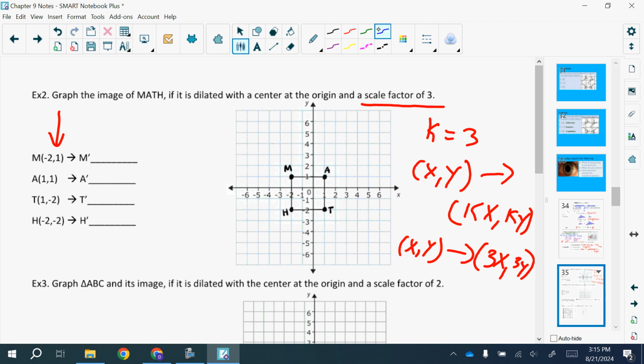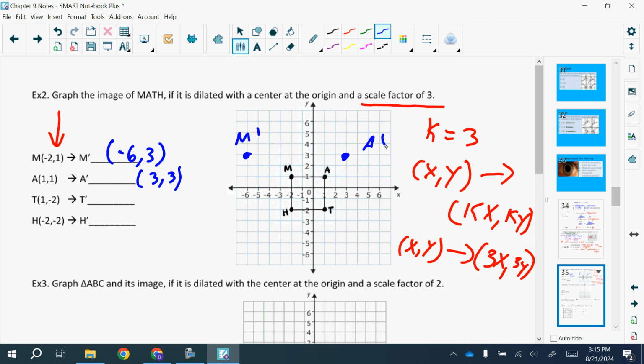So M is -2 comma 1. Multiplying both of these by 3, we have -6 comma 3. Let's plot that, -6 comma 3. 1 comma 1 goes to 3 comma 3. So this is M prime.